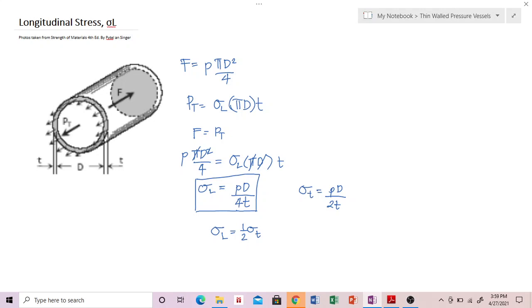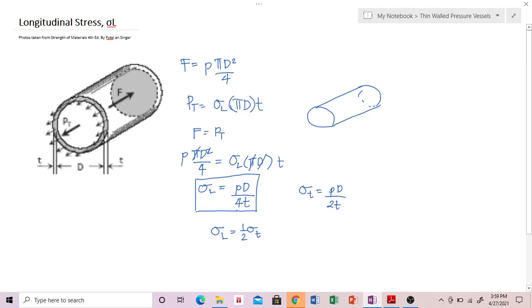So, ibig sabihin daw, kasi class, let's say for example, pakita ko sa inyo yung mangyayari. Halimbawa, ito yung vessel natin. Yan yung vessel natin. Sorry for my figure. Basta maintindihan nyo. Okay, ito yung vessel natin. May pressure yan sa loob. So, let's say pressurized tanks yan.